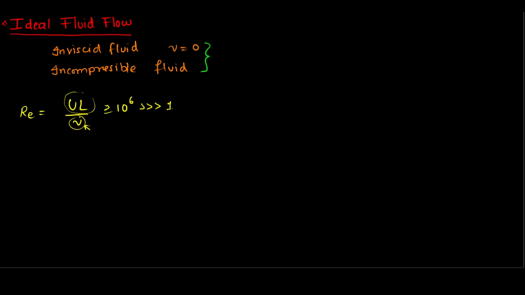Since it is so huge, practically we can assume the viscosity to be 0. So we just neglect the viscous forces, because this was inertial forces divided by viscous forces, and since this is a very large quantity, we can assume the viscosity to be very small and practically 0. So this is the concept of ideal fluid flow, that is inviscid plus incompressible flow.